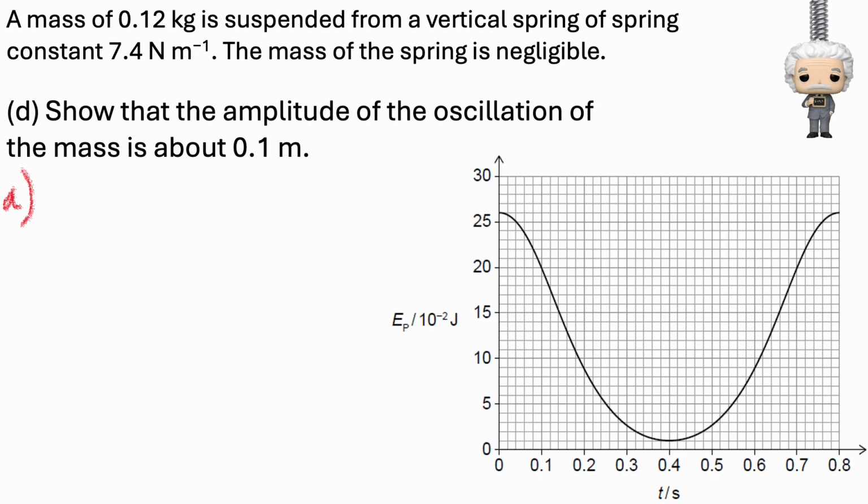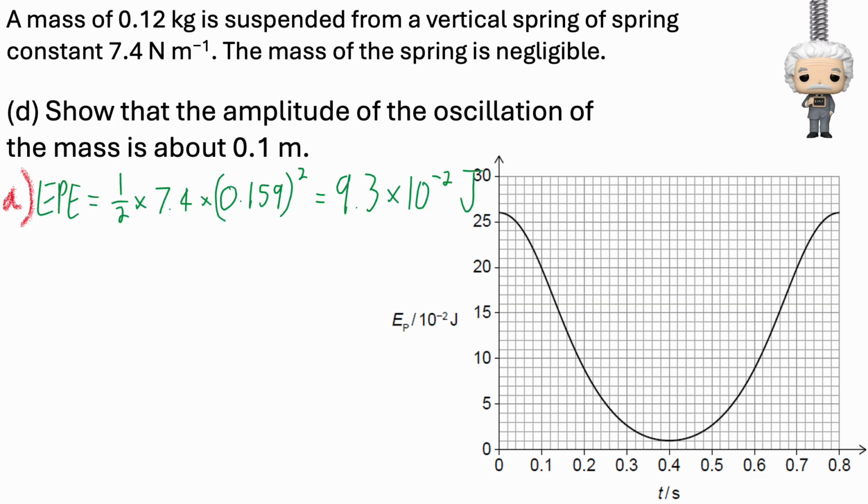Right, now in part A of this problem, we found out that at equilibrium we had 9.3 times 10 to the minus 2 joules, which is on the graph at about 0.18 seconds, something like that.